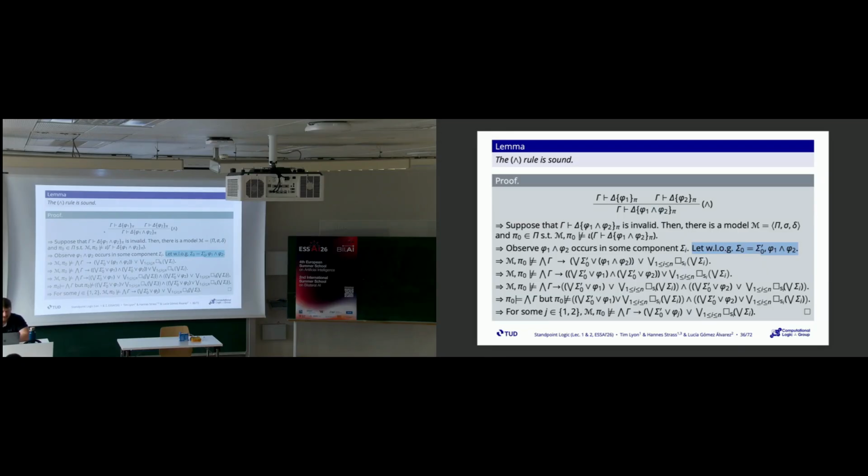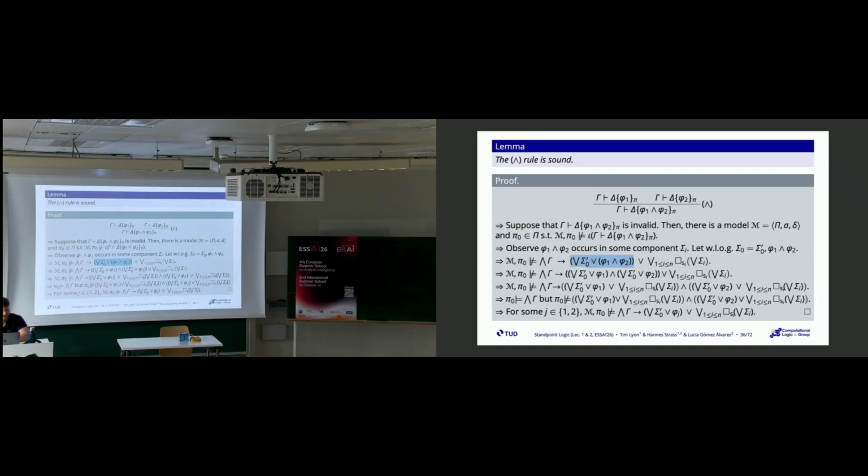What that means then is that following from this fact that we had already deduced above, we have that this implication is false on m at pi naught, which is equal to the formula interpretation iota applied to this nested sequent, which serves as the conclusion of the rule. And since we've made the case assumption that phi 1 and phi 2 occur in the root component, we know that we have phi 1 and phi 2 occurring together with some disjunction of formulae sigma naught prime.